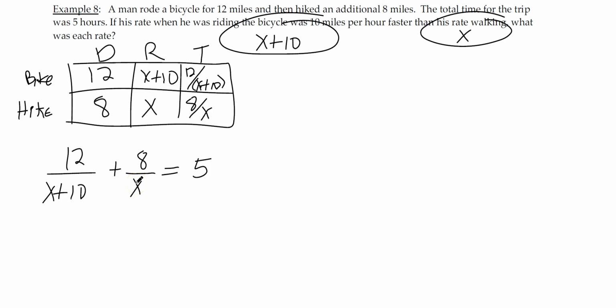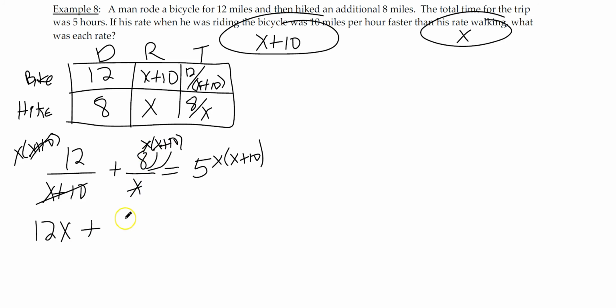So now we clear fractions, multiplying by x and x plus 10, reducing at 12x, plus, reducing, here I'll distribute, 8x plus 80, and here distribute 5x squared plus 50x.